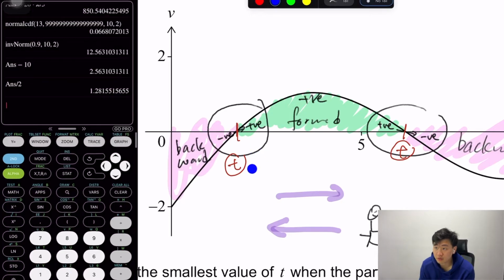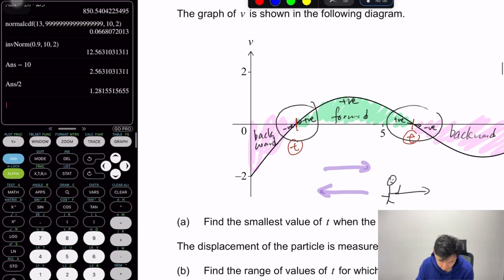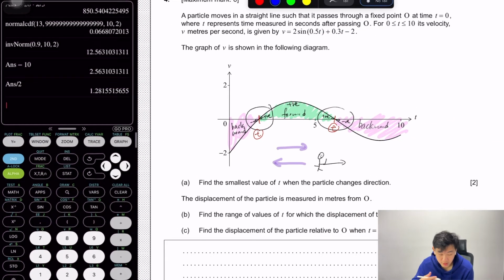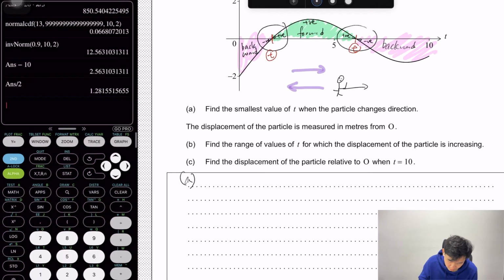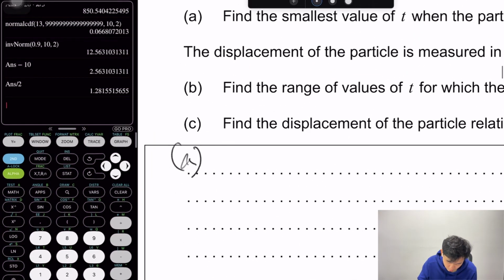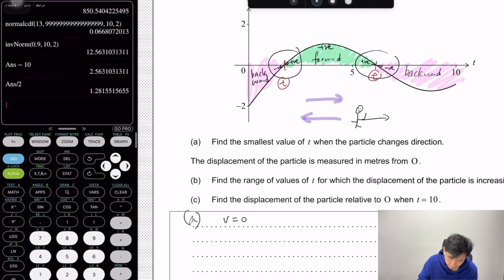Okay. So I think this one we can just directly use a calculator because it's just a 2-point question. But then we don't know which zero we are solving for, so we still need to write it out first. The smallest value of t is when the equation is equal to 0, which is when v equals 0, okay?